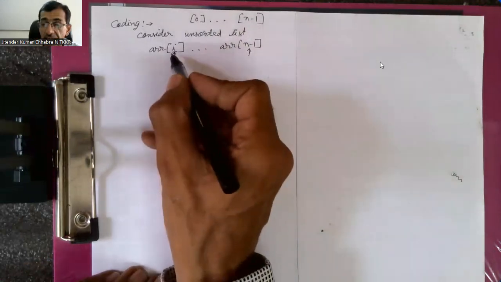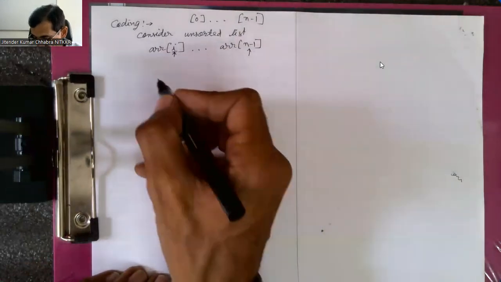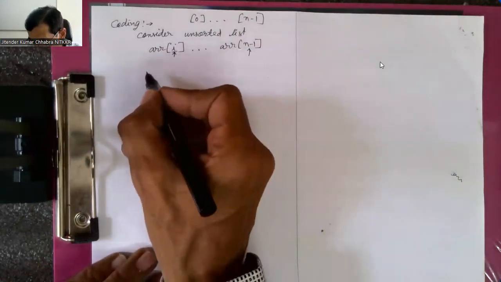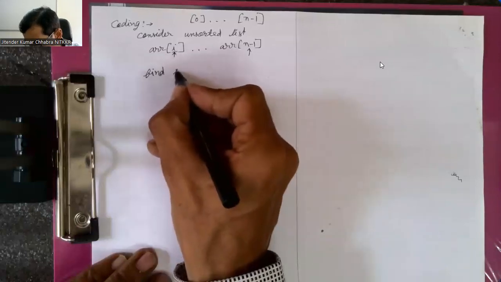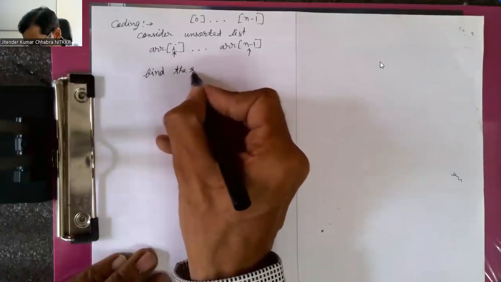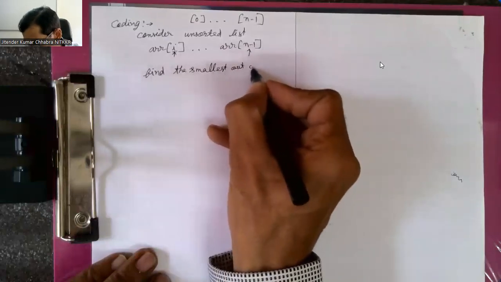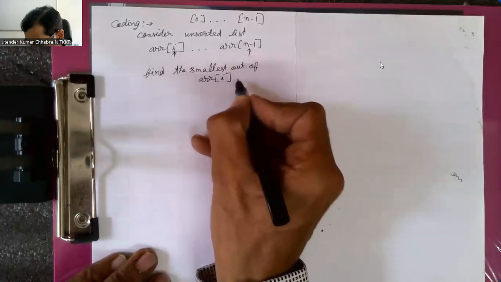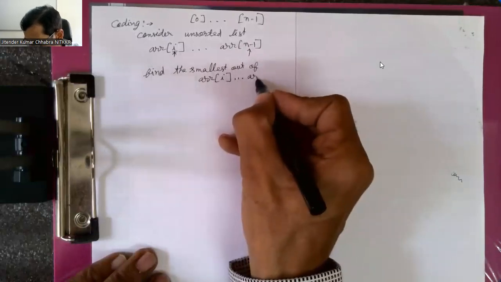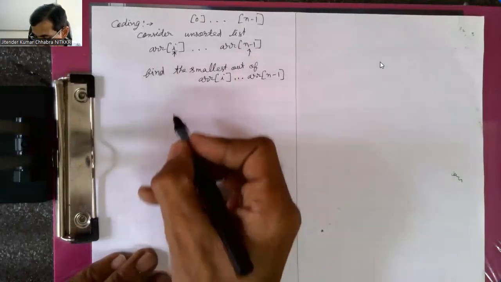Now, obviously, I can know from where I will start and slowly how I will change. But what is my aim? Find the smallest out of arr[i] to arr[n-1].